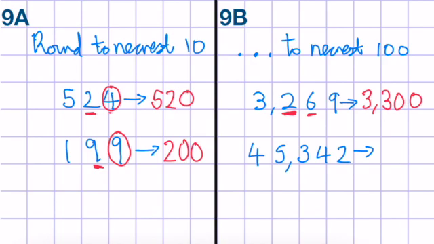And this one we have 45,342. So we look, there is a 3 in the hundreds column. So it's either going to be 300 or 400 that we round to. Here is a 4, so we round down. So it's 45,300.